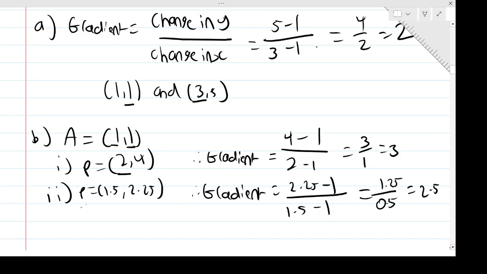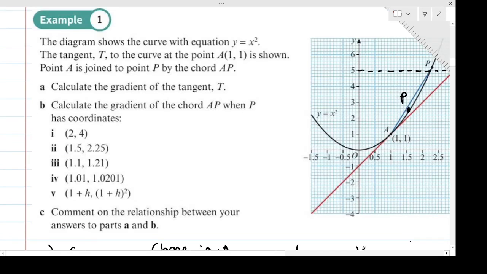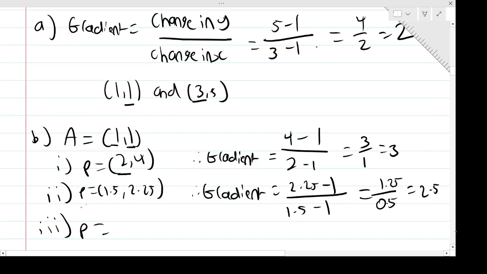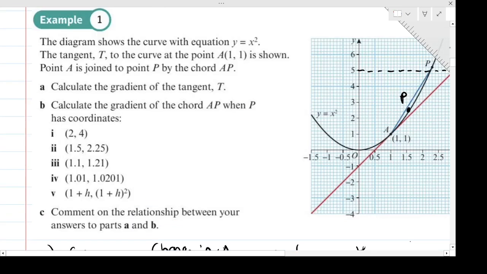Now in the third example, we have P as (1.1, 1.21). So again, P is starting to move closer to A. So 1.1 will be about there on the curve. Hopefully you can see we started with P at 2 for x, then P at 1.5 for x, now P is 1.1 for x.